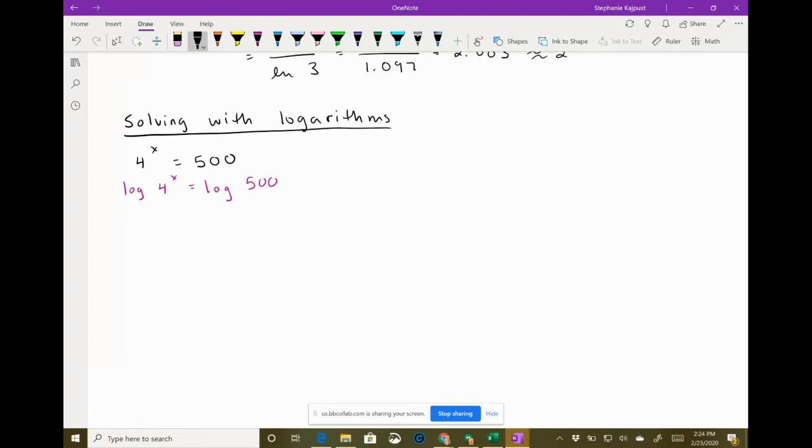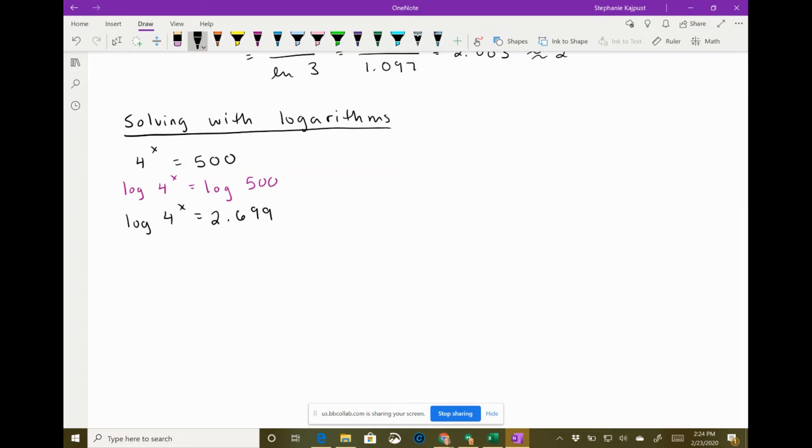So you're basically doing a log on both sides. Now on the right side, we can take our calculator and do the log of 500, and get 2.699.